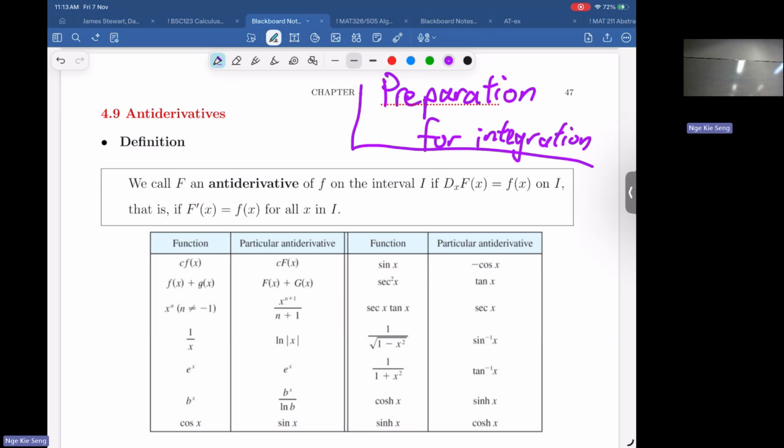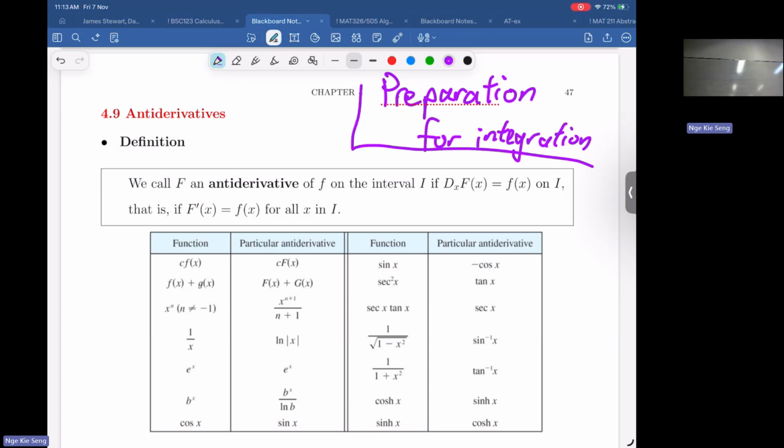Does it make sense? If you have a function that differentiates to another function, then you are the antiderivative of that function. The derivative of the antiderivative of f is f.